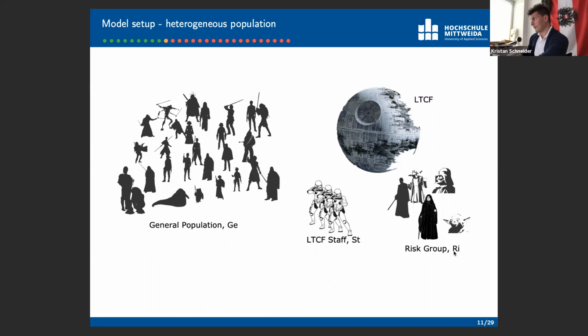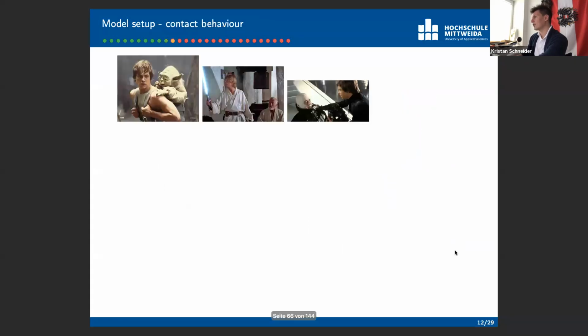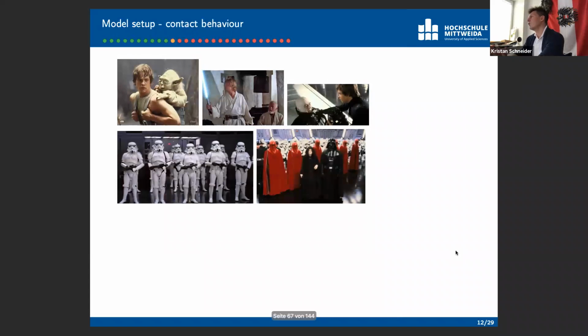Now, of course, they don't interact randomly in the population. You have to consider the structure that they have. There might be some individuals in the general population that have a lot of contacts with the risk group because they would frequently visit. But actually, most contacts of the risk group are with the employees, the staff population in these facilities.